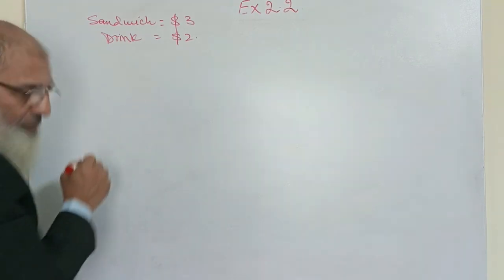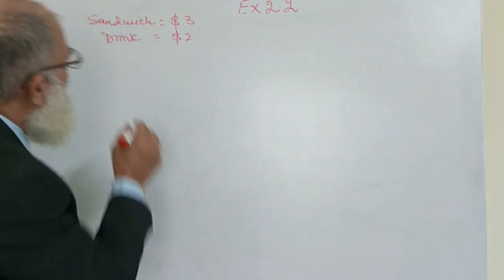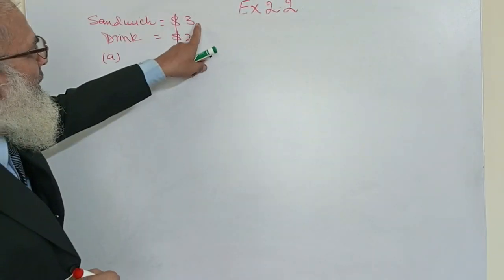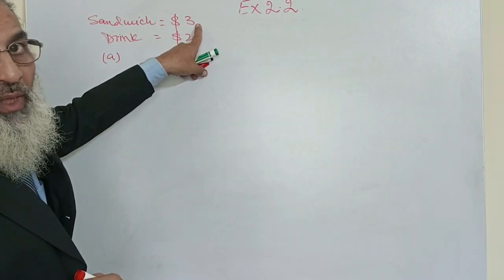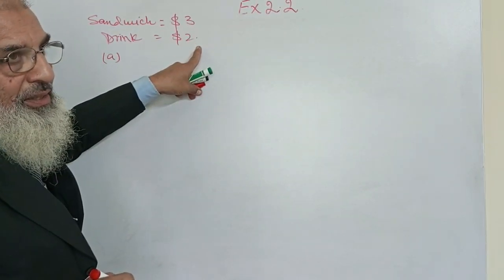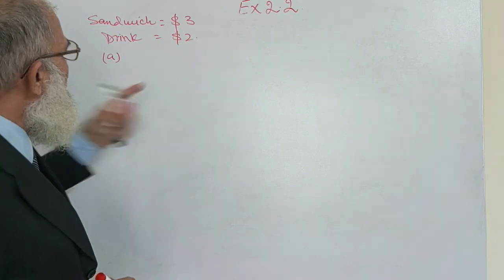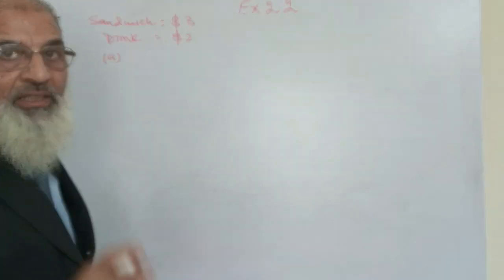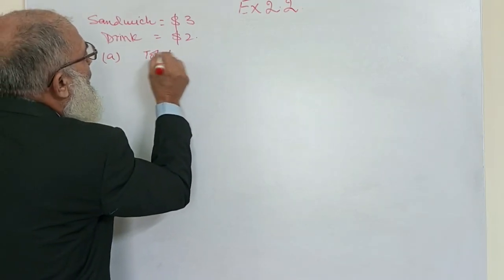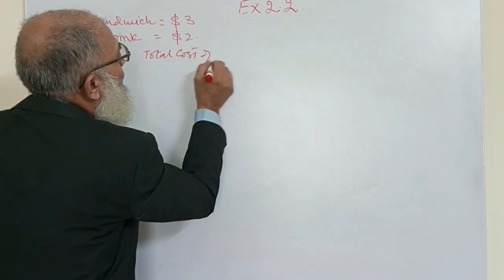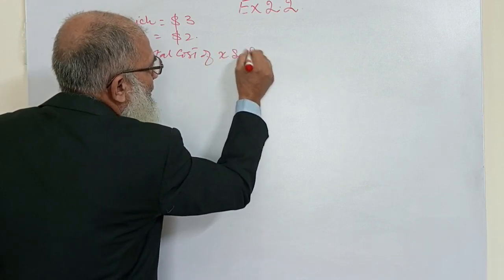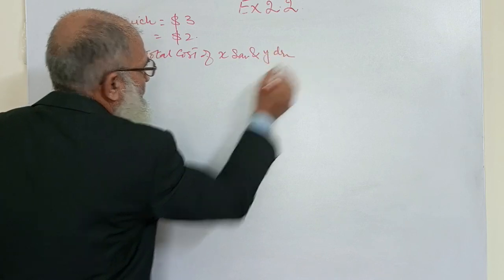Part A says we have to write the expression for X sandwiches and Y drinks, the total cost of X sandwiches and Y drinks.